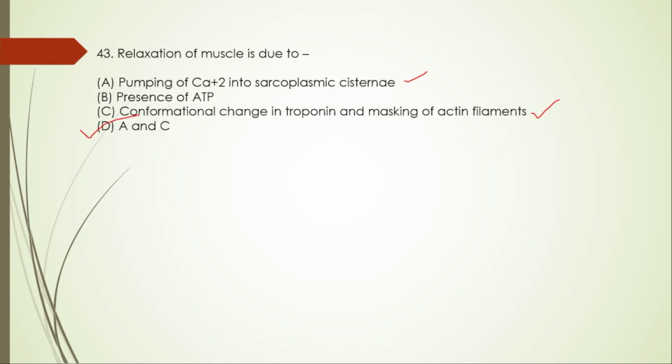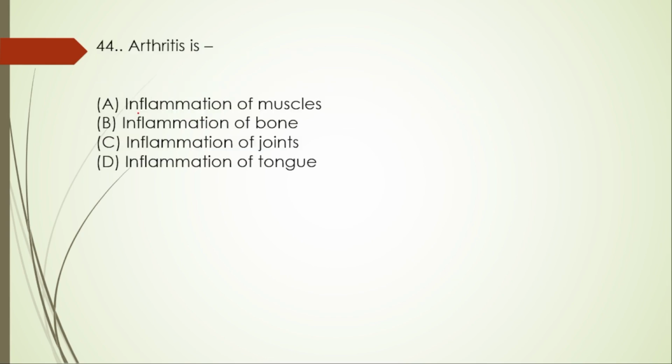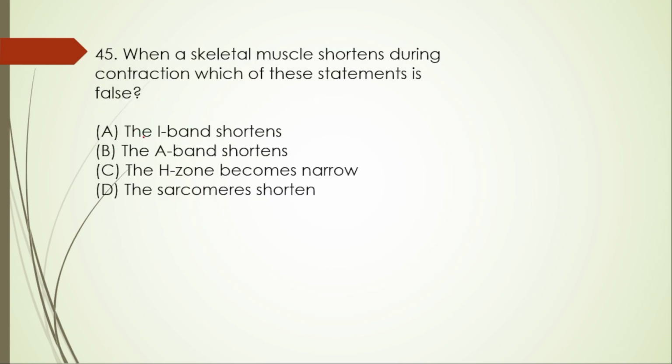So the right option is option D. Next, 44th question. Arthritis is, it's a disease oriented question. Arthritis is inflammation of muscles, inflammation of bone, inflammation of joints, inflammation of tongue. So here arthritis is inflammation of joints.